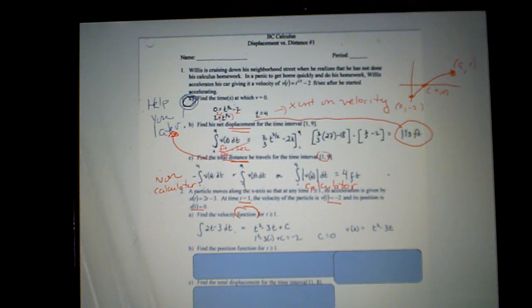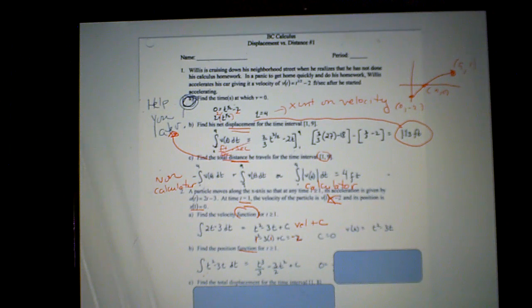Right, velocity function, again, anti-differentiate acceleration to get a velocity plus c. So I went to my velocity initial condition that at 1, plugging in 1, velocity was -2. Now I've used that one. So there's my velocity. Find the position function. Again, they're asking me for a function, not a number.